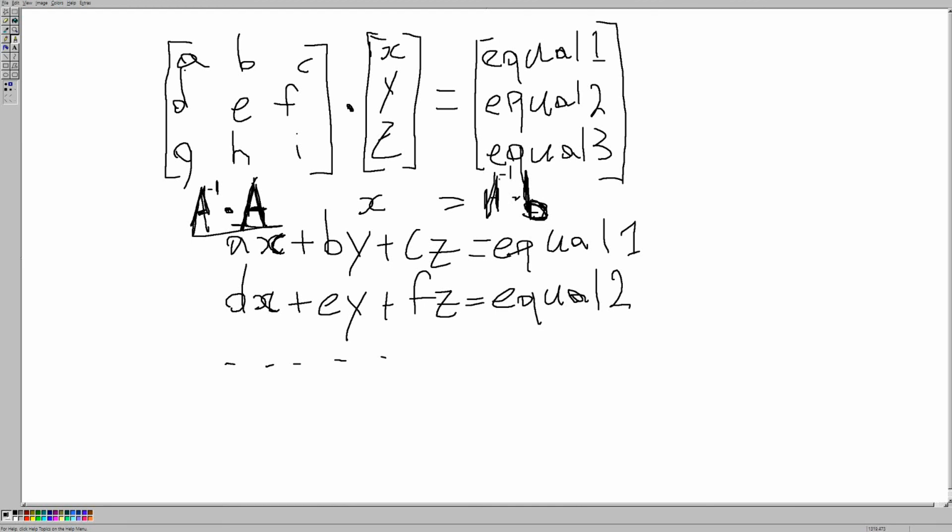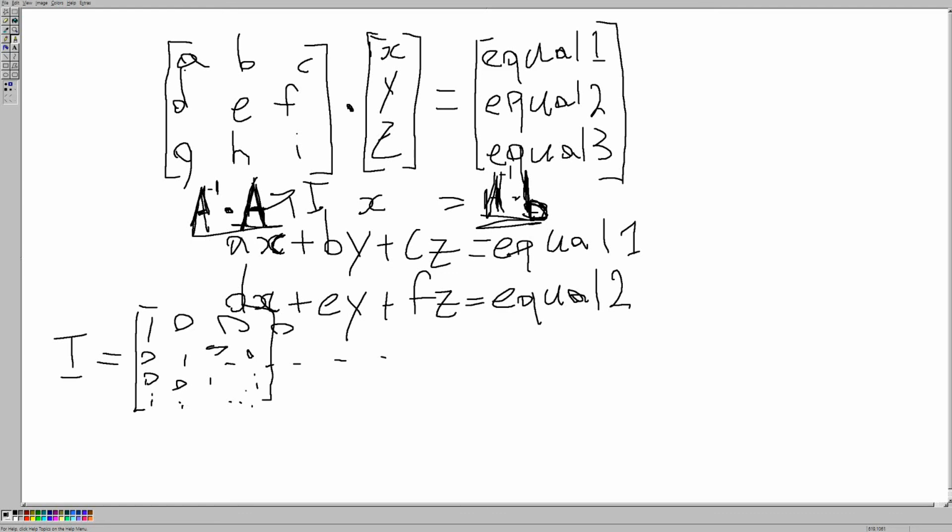So let's do that. And this goes to the identity matrix, the identity matrix is just 1, 1, 1 all the way down the diagonal, and zeros, you get the idea, so it's all zeros elsewhere. This applies to square matrices, okay?